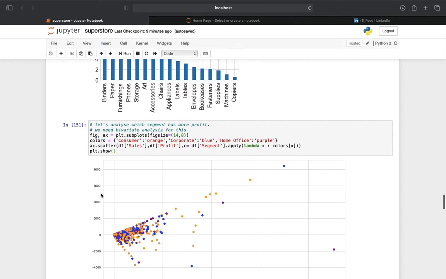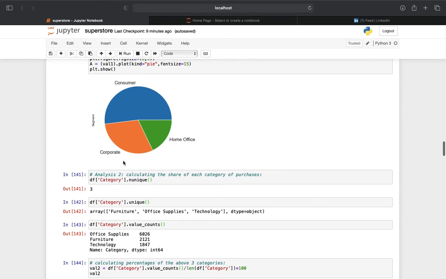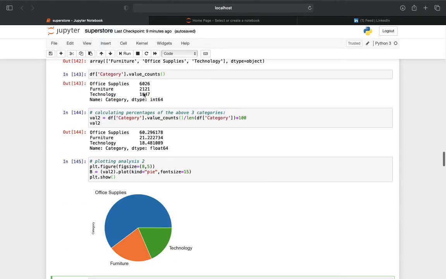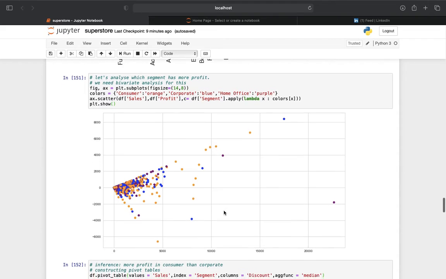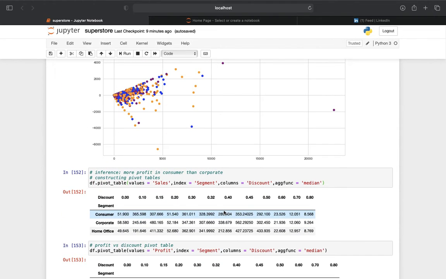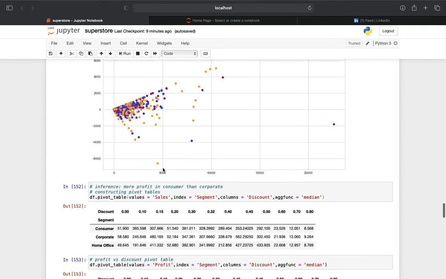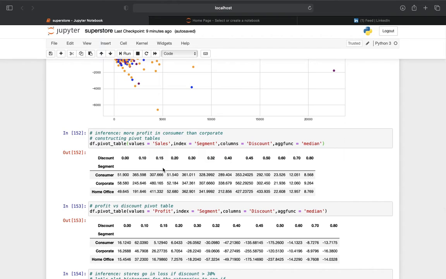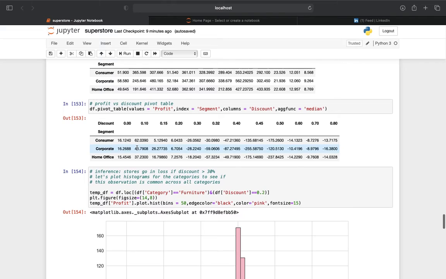Now, since we found out over here that corporate seems to be giving less than consumer, I just wanted to see to what degree. For this I used bivariate analysis, and I made pivot tables, one for sales against segment and the next one for profit against segment.